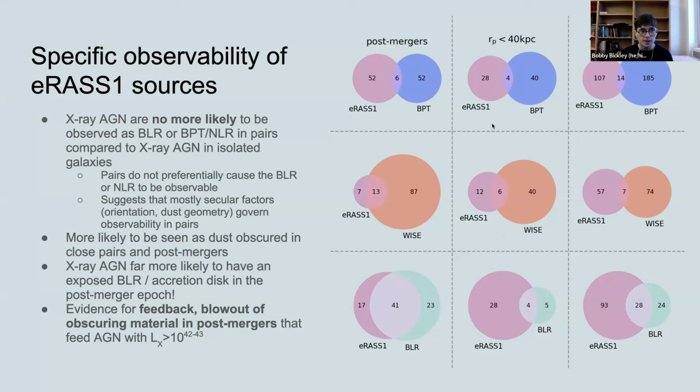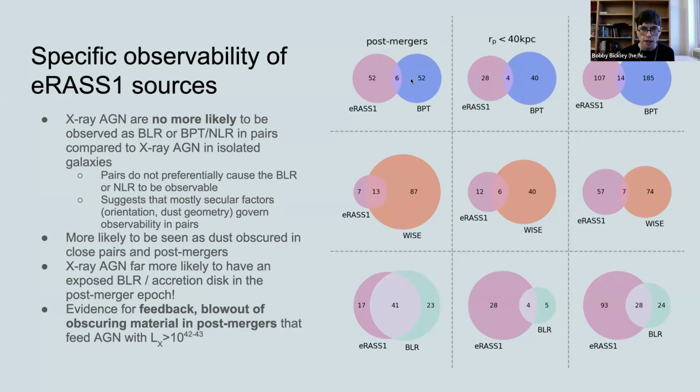based on the statistics of our interacting galaxy pairs, it appears that X-ray AGN are no more likely to be observed as a narrow line BPT AGN in galaxy pairs compared to in isolated galaxies. And you can see this in the relative shapes of the Venn diagrams in the top row of the figure here.